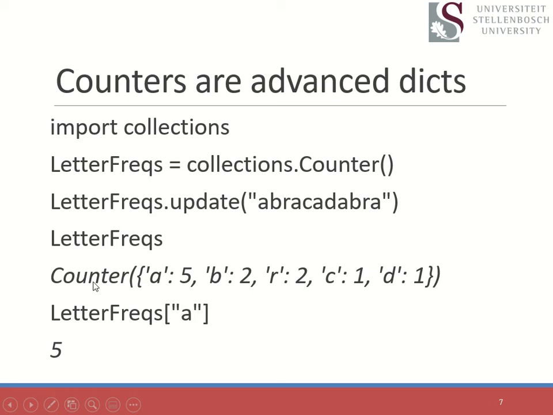Okay, so when we do that, the letter frequencies is going to remember that it's a counter data structure because it was created up there by that, and it's representing this structure. Now, how's that similar to a dict? We saw the dict just the slide before, right? So here we have a key for A, a key for B, a key for R, a key for C, a key for D, and we have counts, numerics corresponding to each of those.